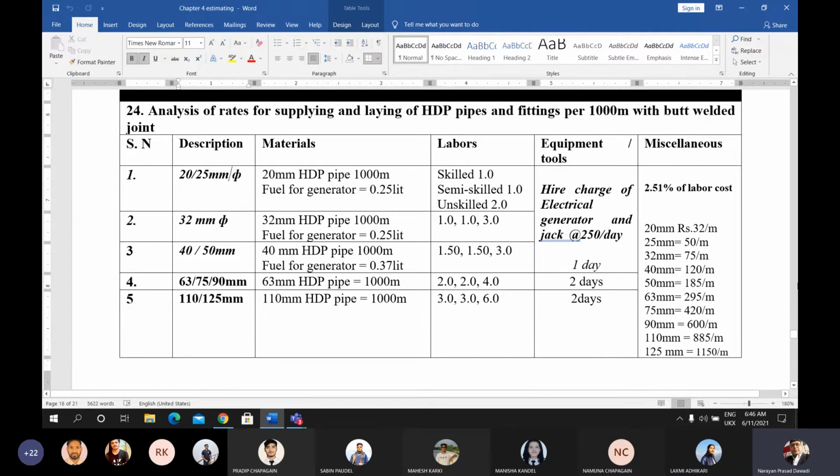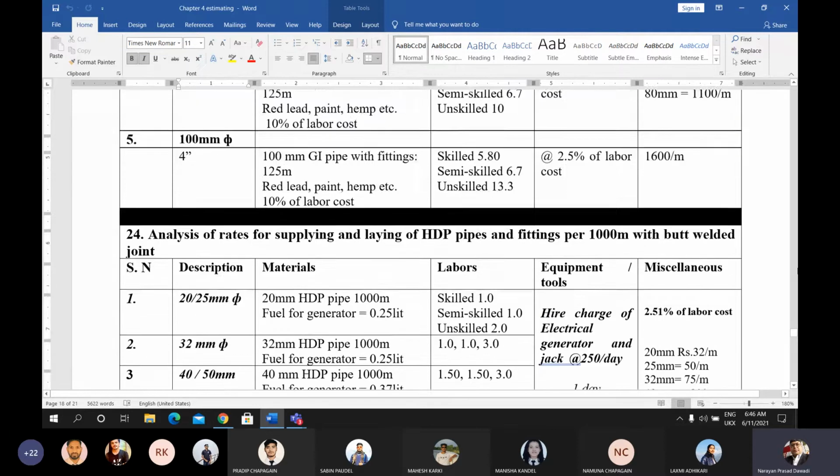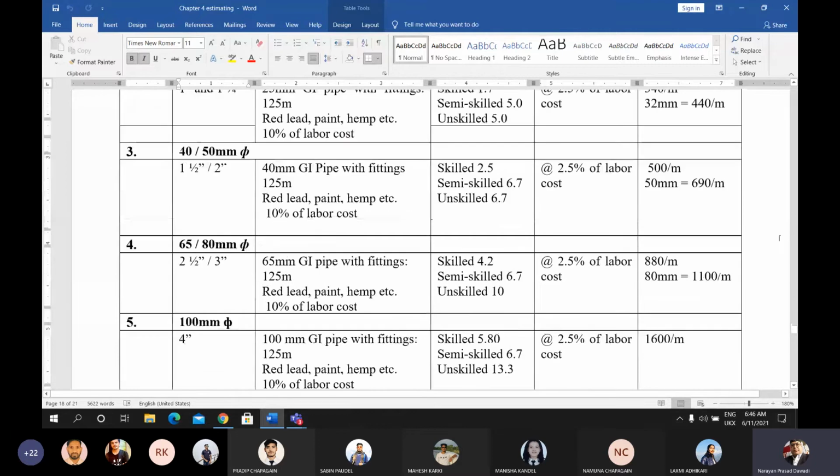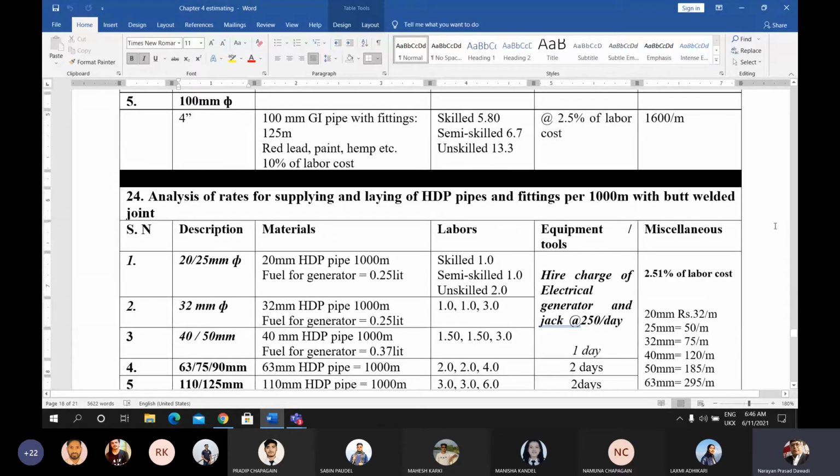Now, this is the rate analysis of pipe. I did rate analysis for MS pipe, GI pipe, and high density polythene pipe. But I did not do it for the cast iron pipe, because cast iron pipes are generally not used these days.